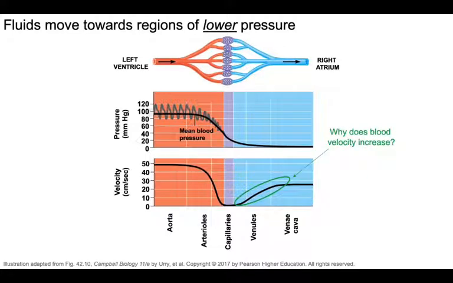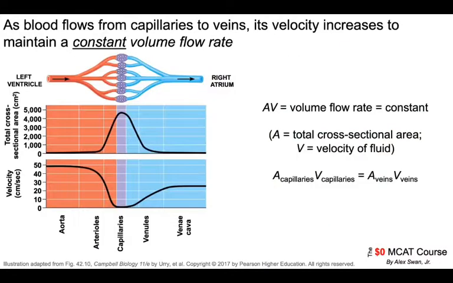Well, to answer this, we're going to need to, again, invoke some physics. And if you remember from physics, we have this quantity that's called volume flow rate, right? And it's represented by A times V, where A is the total cross-sectional area of certain vessels, and V is the velocity of the fluid that moves through those closed vessels.